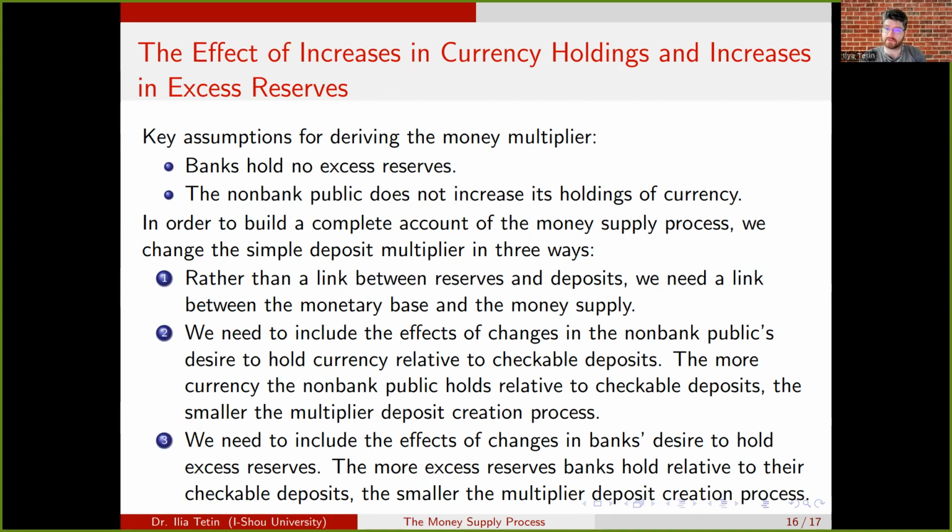In reality, neither of these assumptions is correct. Banks hold excess reserves, and the non-bank public typically also increases its holdings of currency when its checkable account balances rise. So in this topic, we find out what happens to our account of the money supply process if we relax these assumptions.